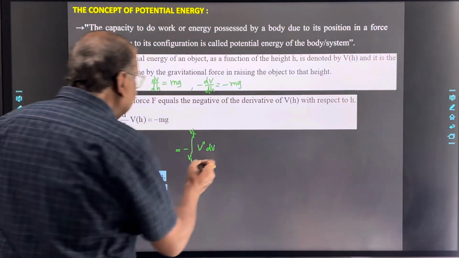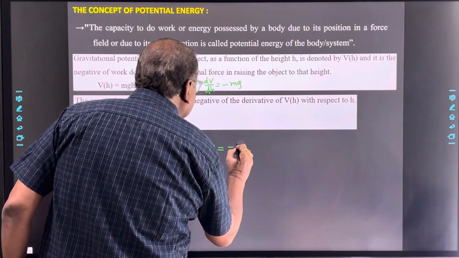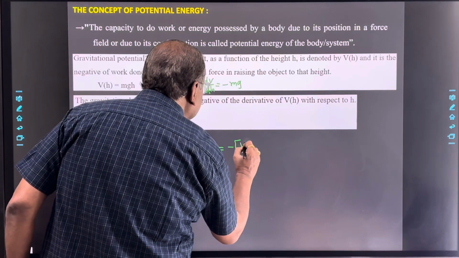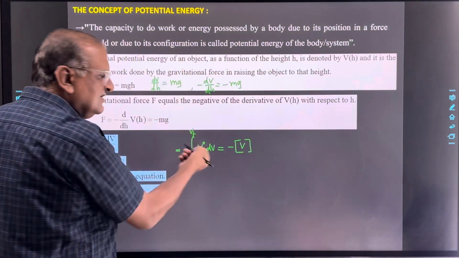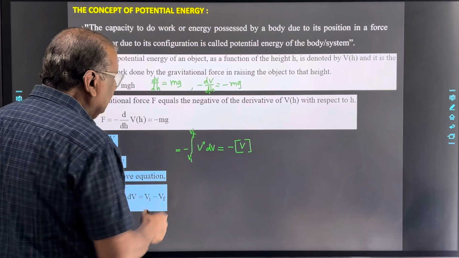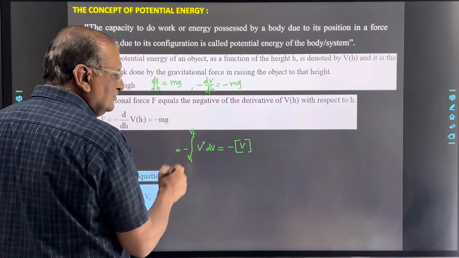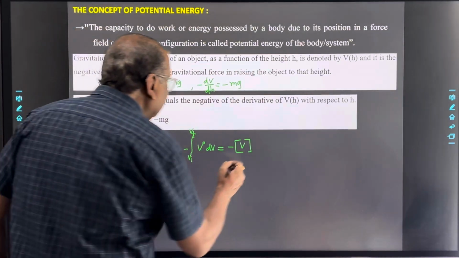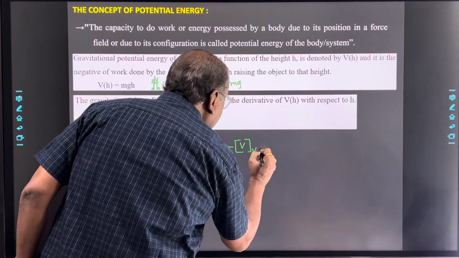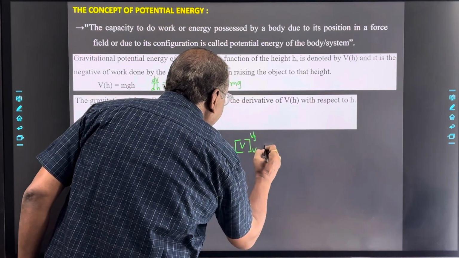Negative sign is already there, keep it as it is. Integration of V raised to 0 dV is V, with limits Vi to Vf.